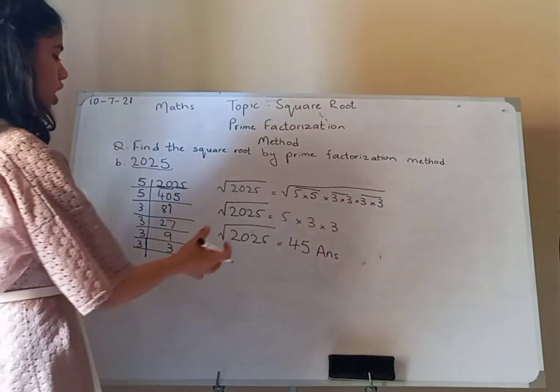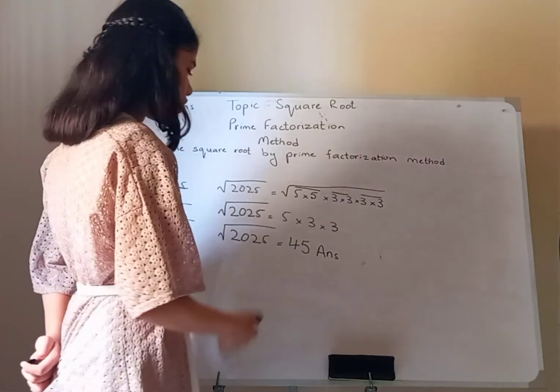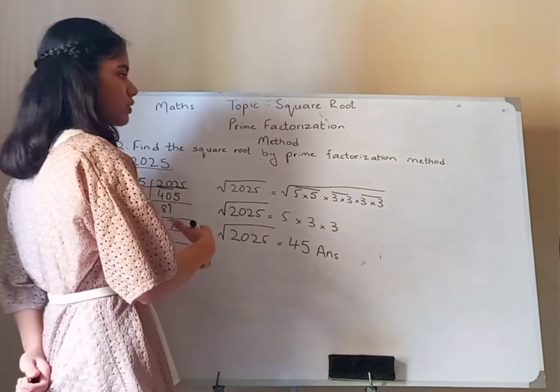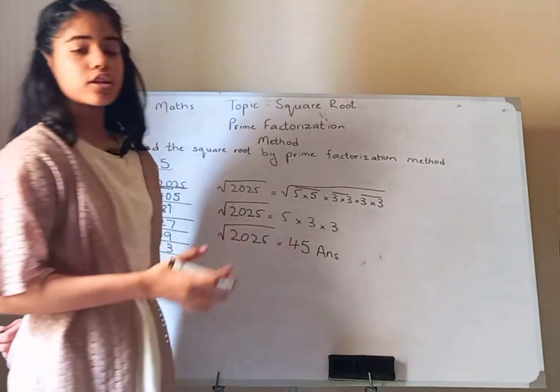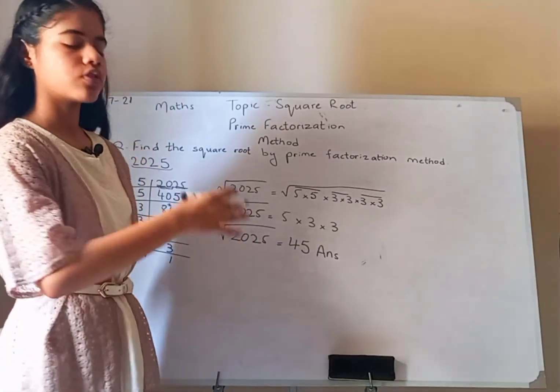You can check your answer from the same method or from a calculator, but I think this is the easiest method to check your answer and to prove that your answer is correct.